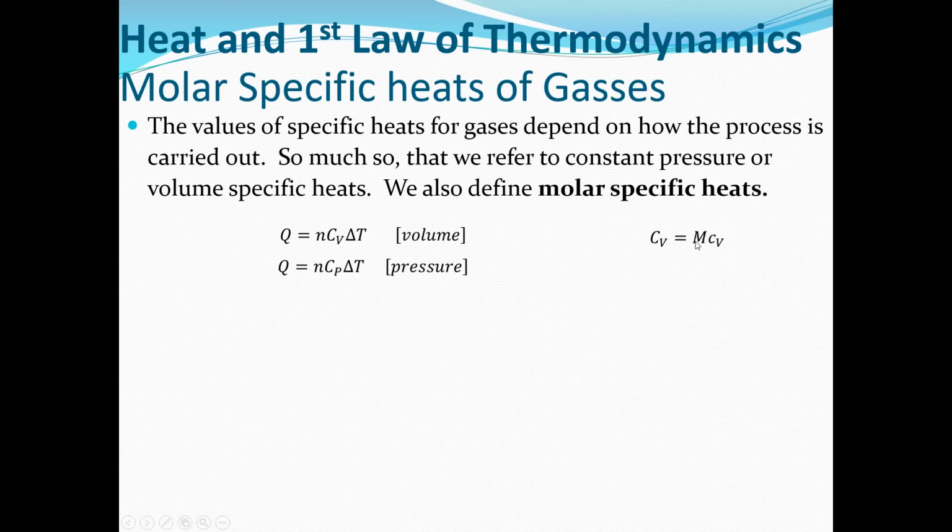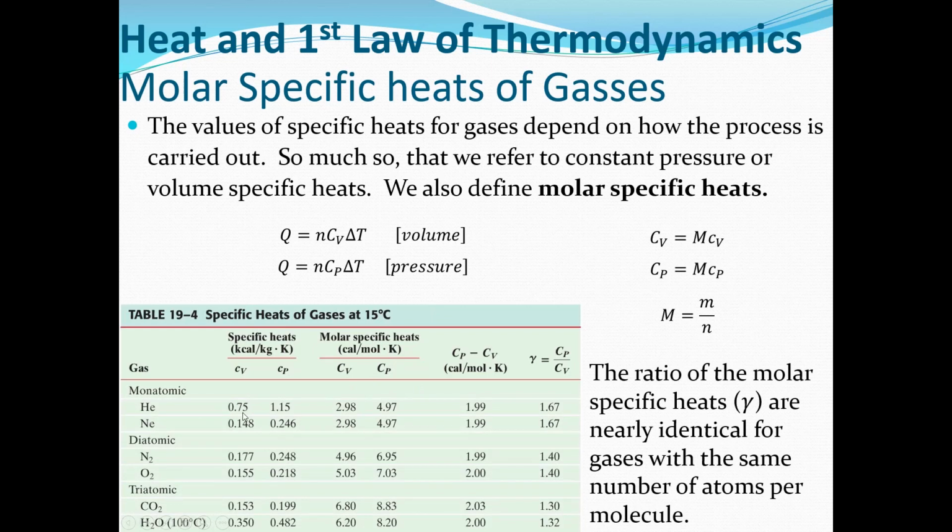Another way of writing it, if we want to go back to the little c term, would be the molar mass of the gas times the little c specific heat. Again, molar mass is just the mass of the molecules divided by the number of moles. But for gases, it makes a whole lot more sense to talk about moles rather than mass. So that's why we end up using this instead.